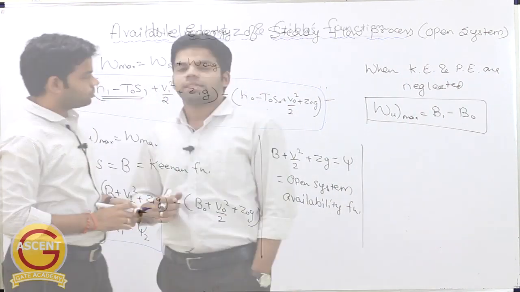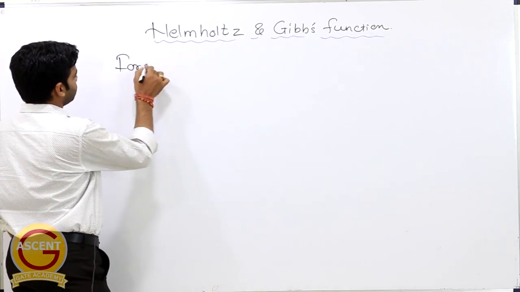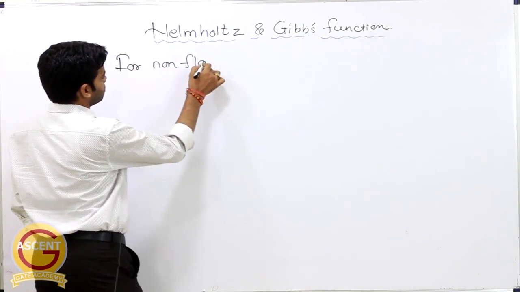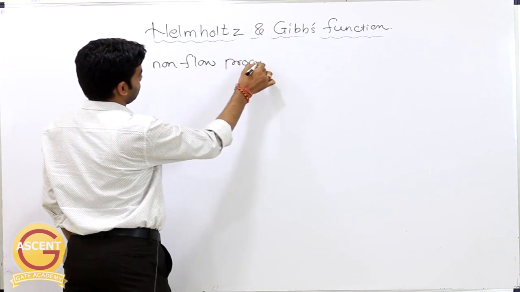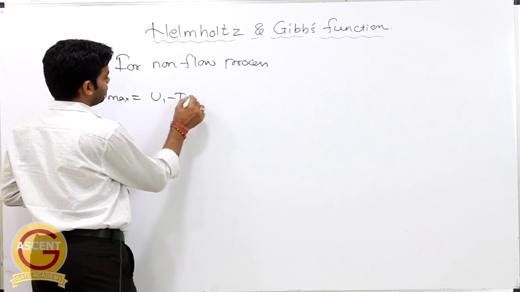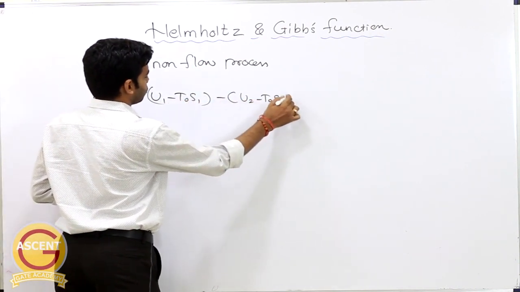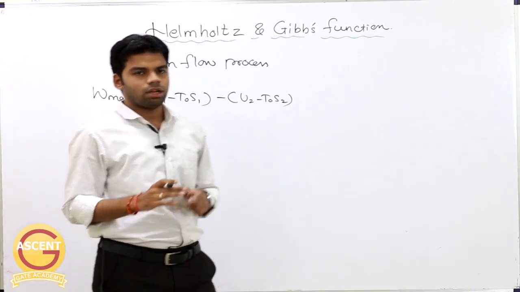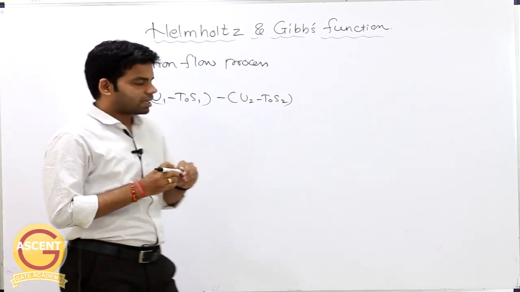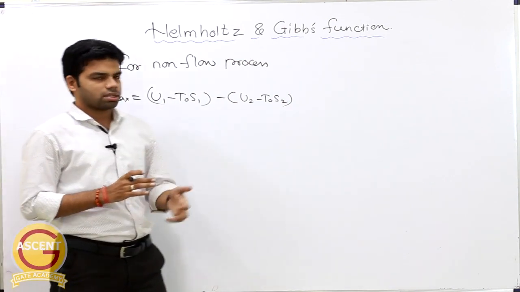Clear or not? Okay, next is the Helmholtz and Gibbs function. Now we know for non-flow process, maximum work we have derived as U1 minus T naught S1 minus U2 minus T naught S2. Okay, if the system is changing its state from state 1 to state 2, the maximum work which can be obtained is U1 minus T naught S1 minus U2 minus T naught S2.